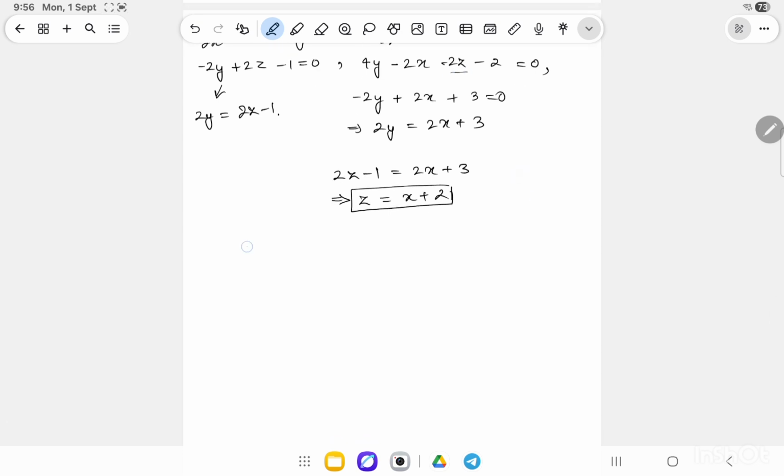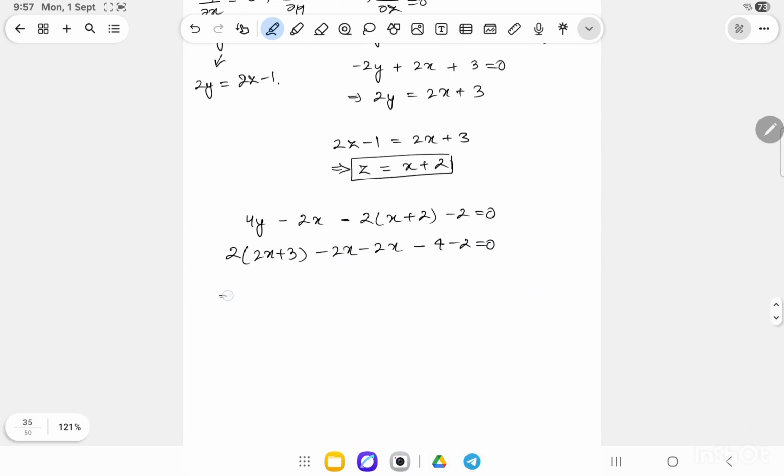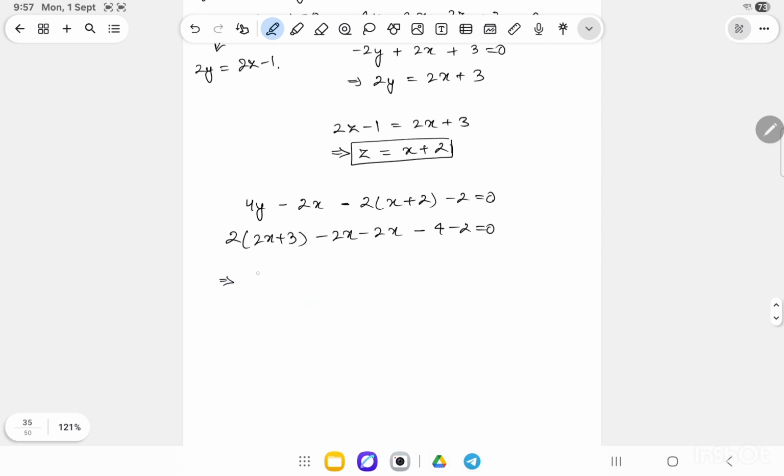So if I just substitute these values of x, y and z here, let's see what we get. 4y minus 2x minus 2 into z, that is x plus 2, minus 2 equals to 0, and 2y is basically 2 into 2x plus 3 minus 2x minus 2x minus 4 minus 2 equals to 0, which basically reduces to, this doesn't lead anywhere, it just satisfies the equation.